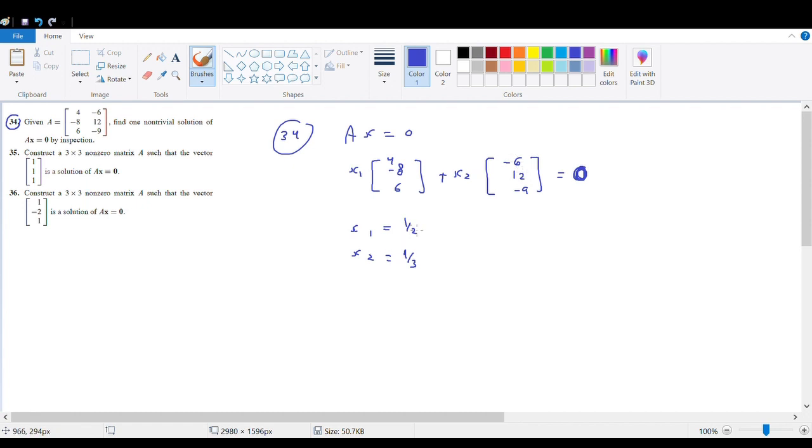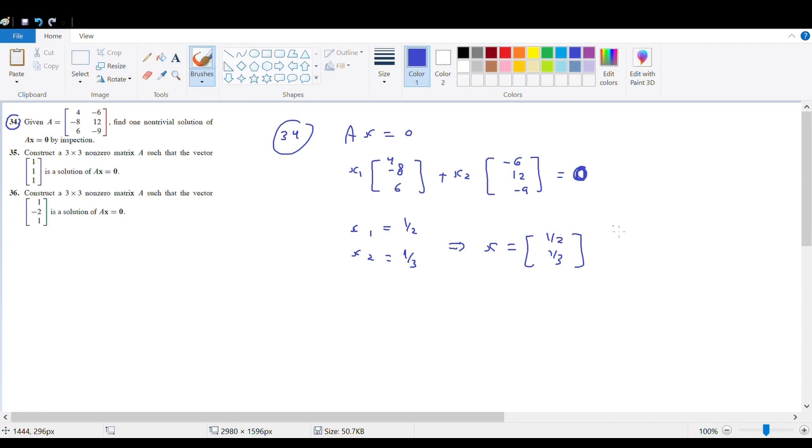This will give us 0. Half of minus 8 will be minus 4, plus a third of 12, which is 4. This will give us minus 4 plus 4, 0. And also half of 6 will give us 3, and a third of minus 9 is minus 3, which gives us 0. So x will be equal to half, 1 over 3. You can choose any x. So this is for 34.